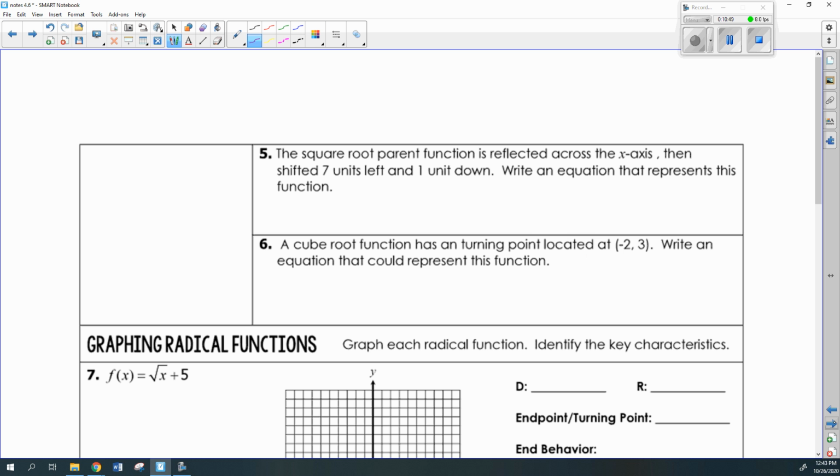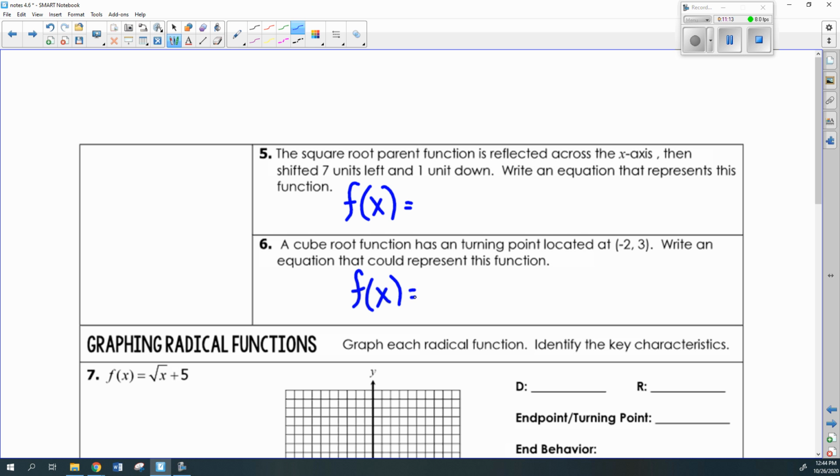description of the transformations, and I want you to turn it into a function. All right, so if you're going to turn it into a function, you need to know that you're going to write f of x equals. All right, that's what makes it a function. Okay, then when you read the description, it's going to tell you whether you should be using a square root or a cube root.